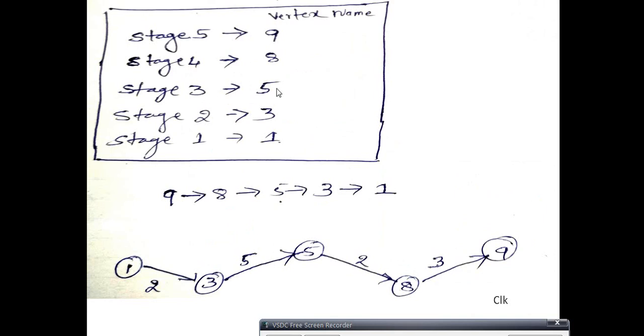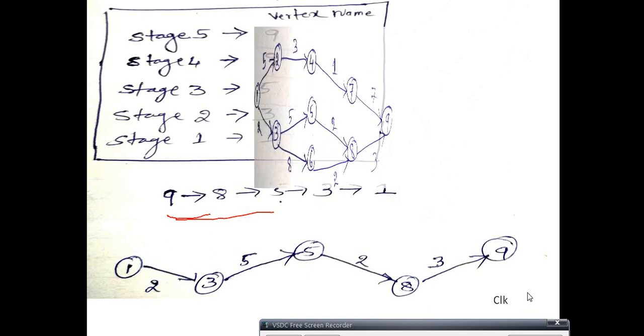At stage number 3, vertex name is 5, then 3, and 1. So write down like this: 9 to 8, 8 to 5, 5 to 3 and 3 to 1. So in this direction you have to write, and see the figure.